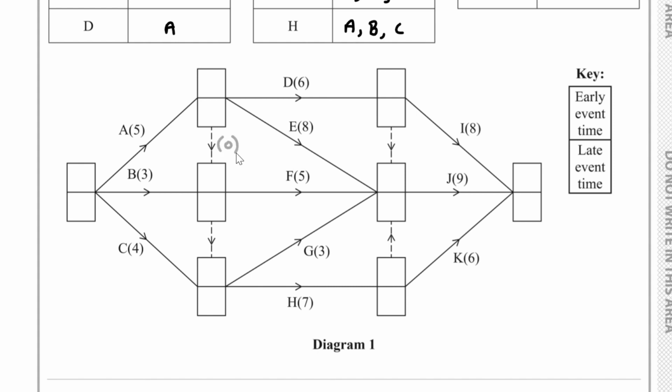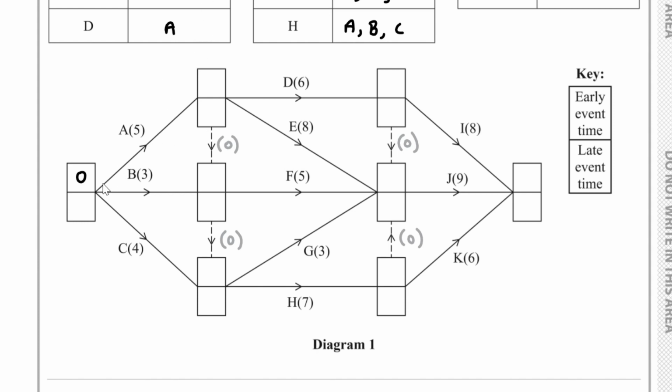So we have 0 here, 0 here, 0 here, and 0 over here. So, of course, we begin with the source node. For the early event time, we would have 0. Let's work out the forward passes.